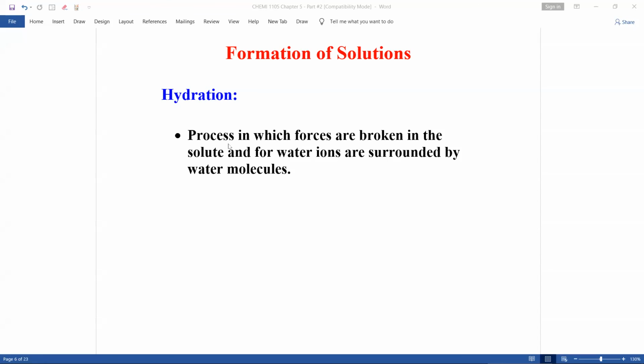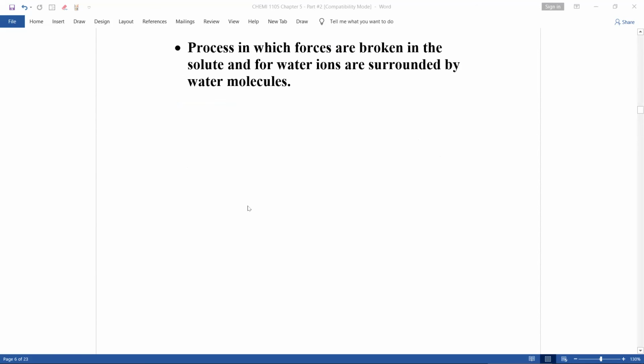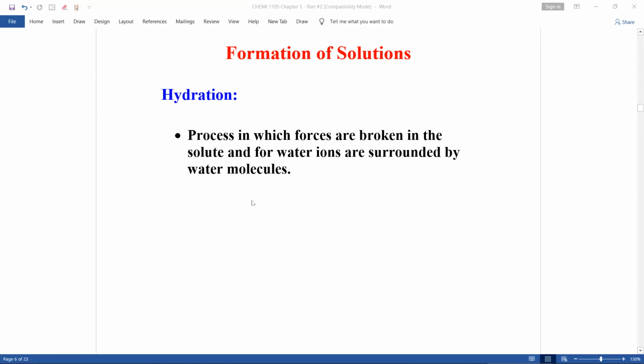Those are broken. Then water surrounds the ions with water molecules, or can hydrogen bond to the molecules you're putting in there. So when you dissolve something, you break some forces and you make some new things, and we call that hydration.